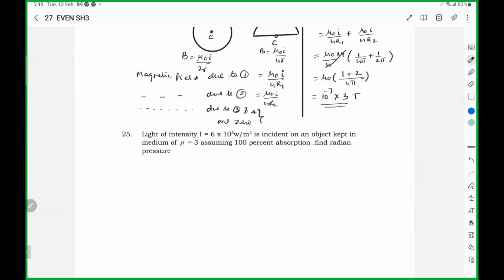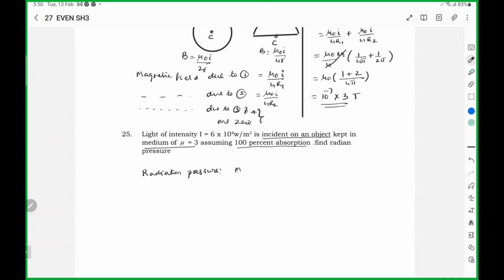Light of intensity is incident on an object kept in a medium of refractive index, assuming 100% absorption. So what is radiation pressure? It's just a basic pressure definition only.